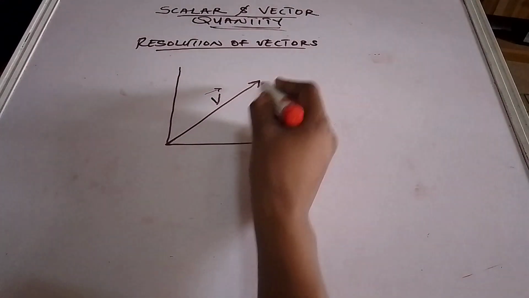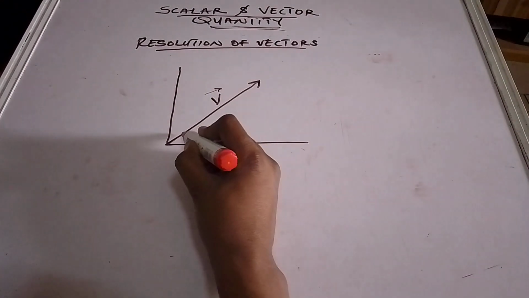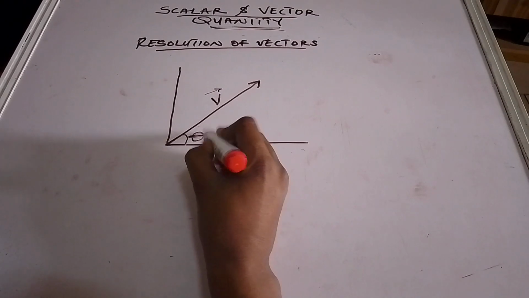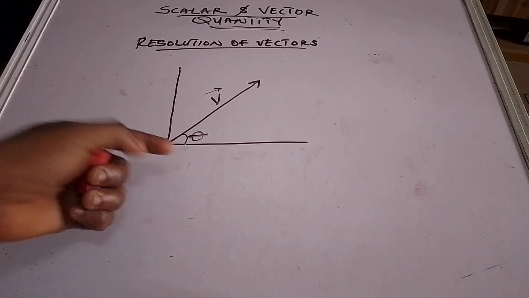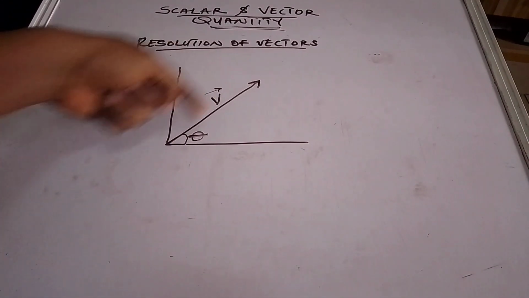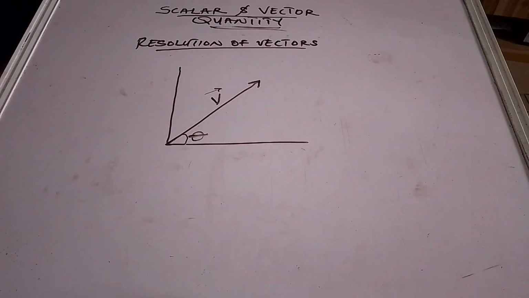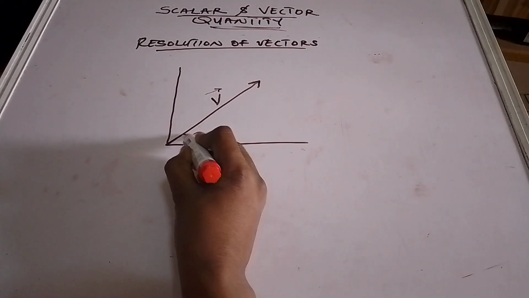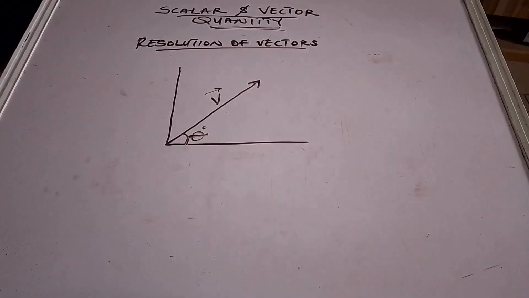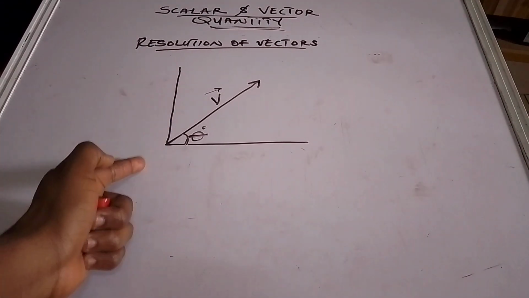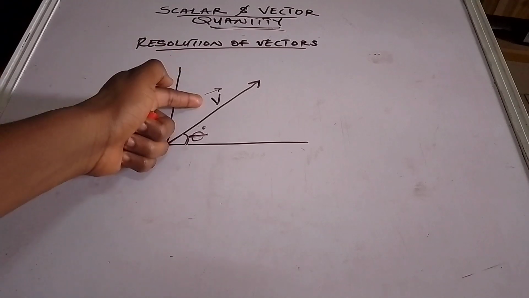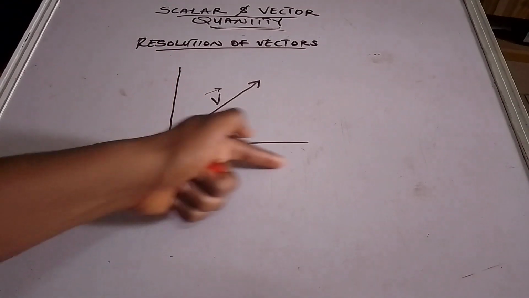If this vector is at an angle theta to the horizontal, remember, the direction of the vector is always the angle between that vector and the horizontal. Now they can ask us to find the effective value of this vector in the vertical direction, and the effective value of this vector in the horizontal direction.